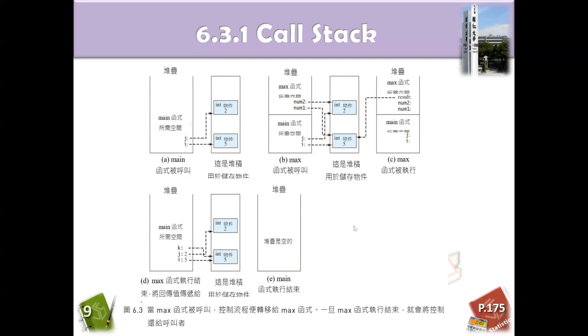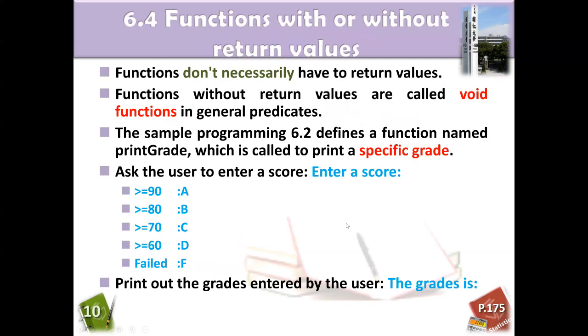Okay, so that is the call stack, and we will continue to talk about another situation: functions with and without a return value. As we mentioned, a function can have a return value, but it can also have no return value. So a function does not necessarily have to return values. A function without a return value is called a void function.